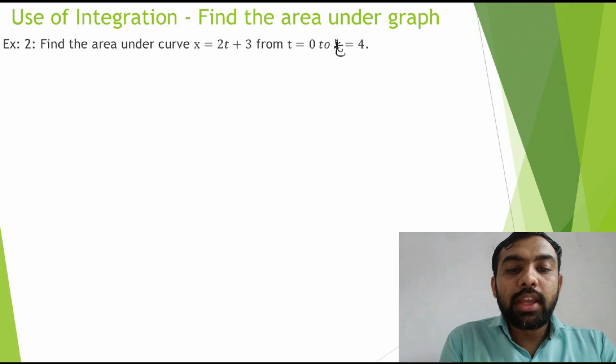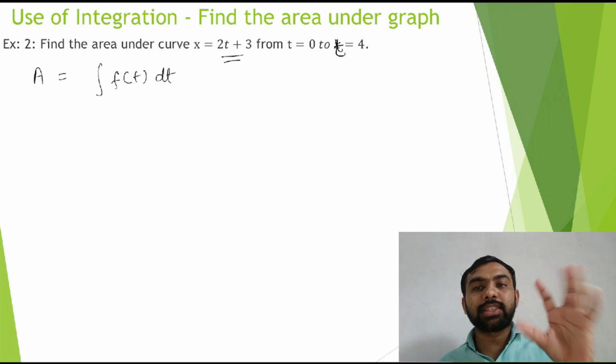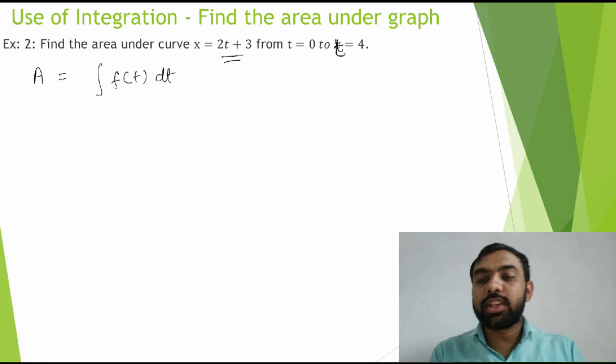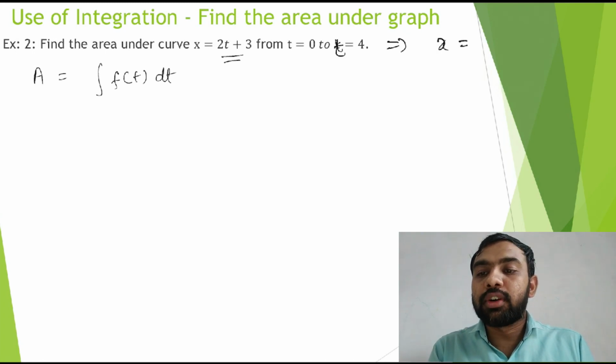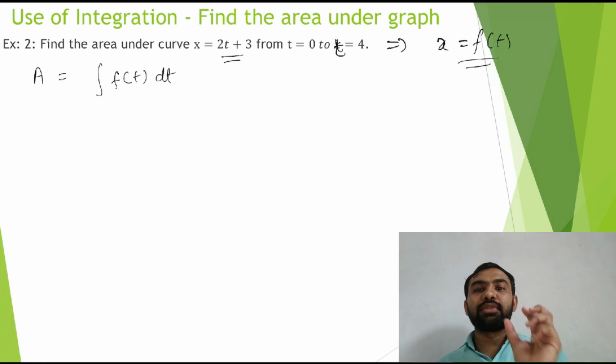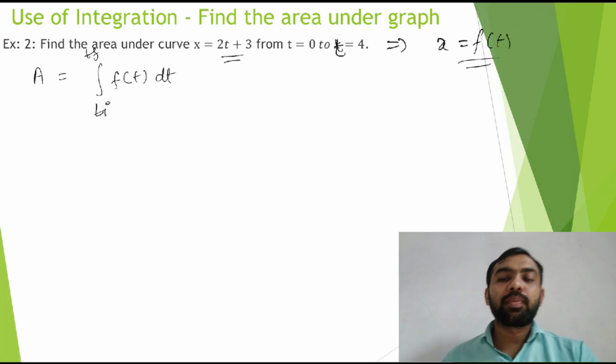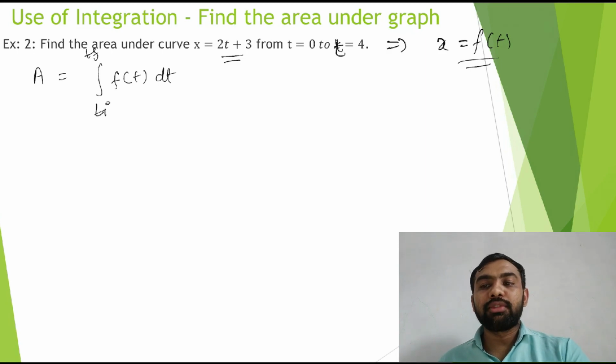So here area is equal to integration f of t dt, मतलब जो भी फंक्शन है वो लिखना है, ऐसा नहीं कि x ही होना चाहिए। यहाँ पे x is a function of t, so the answer क्या आएगा, f of t dt. What is the answer? f of t dt from t initial to t final.